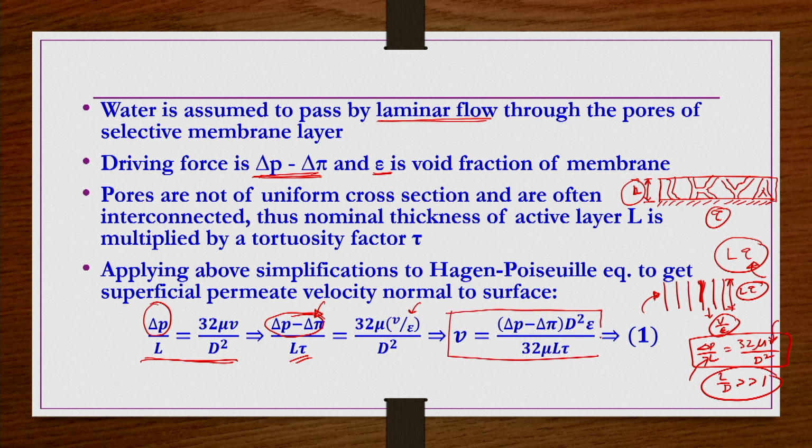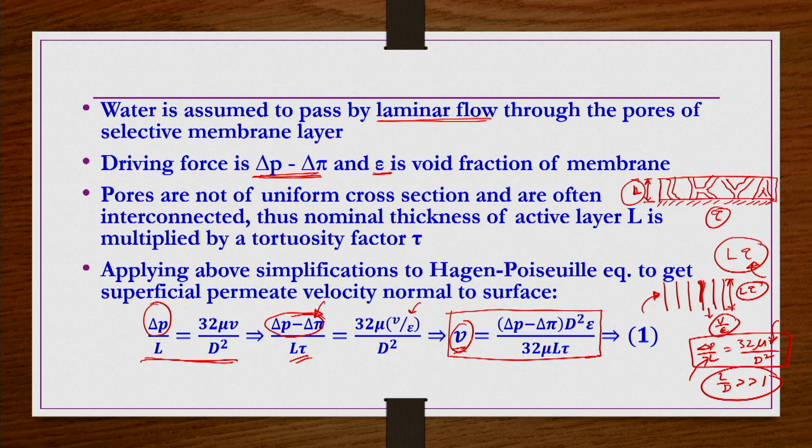So, what we get here is the superficial permeate velocity normal to the surface, V, which is delta P minus delta pi, times d square epsilon, divided by 32 mu L tau. Here V has units of meter per second.